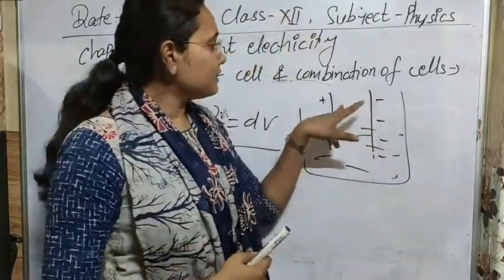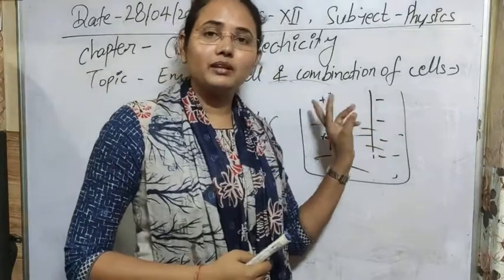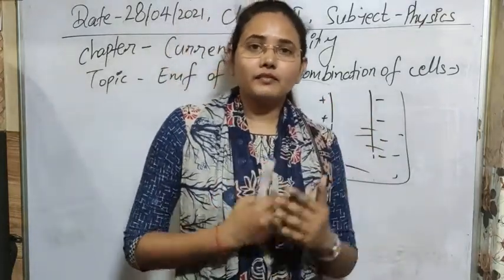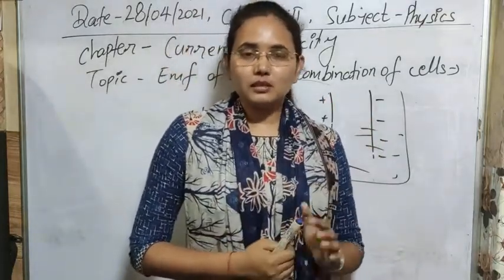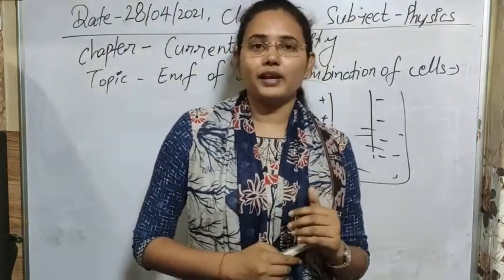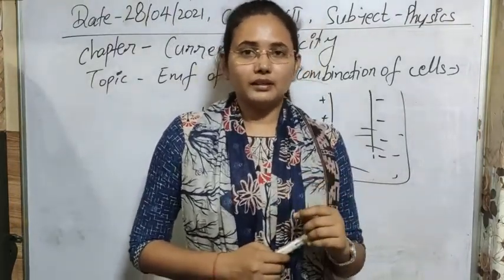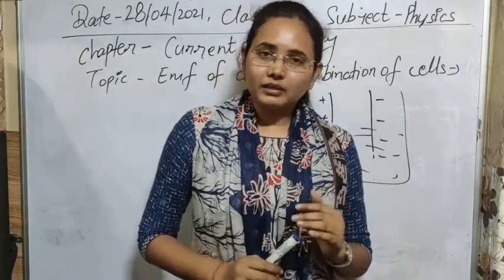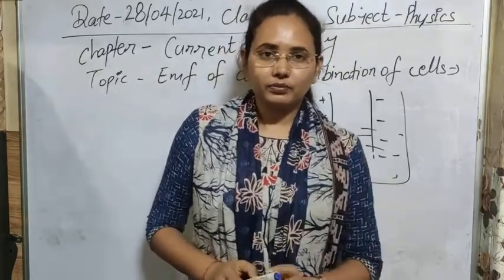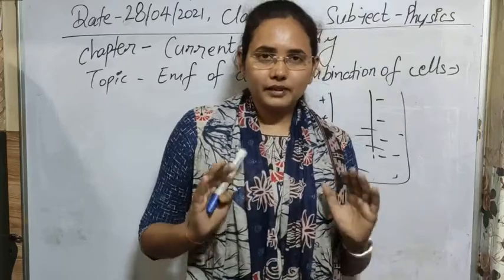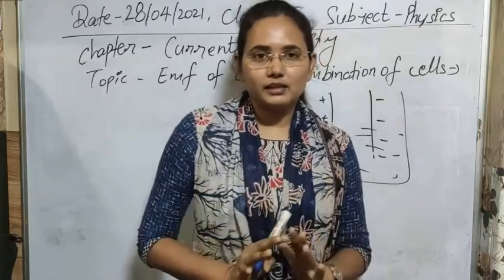At that time the potential created between these two electrodes, its difference, is known as EMF. So this is the maximum possible potential for any cell. Later I will tell you how it is maximum. So I think the difference between potential difference and EMF is now clear.